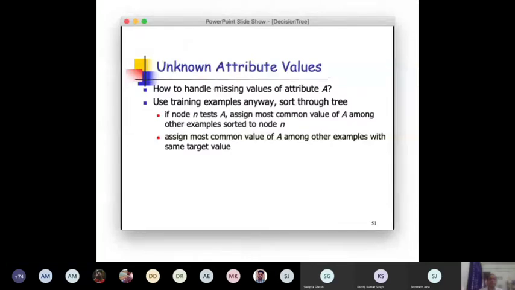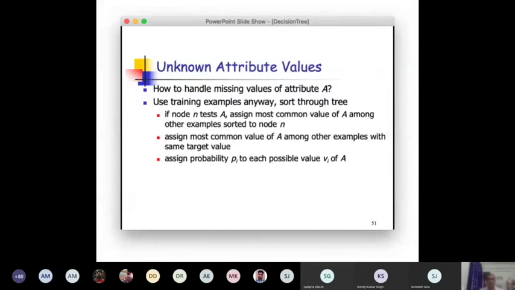Then the other one is that you assign the most common value of A among other examples with the same target value. Previously it is just the most common value of A, but now you consider the whole training example set, and you know what is the target value. Only the value of A is missing. So you find out what is the most common value of A with that target value in your whole training example data set, and then you can assign it.